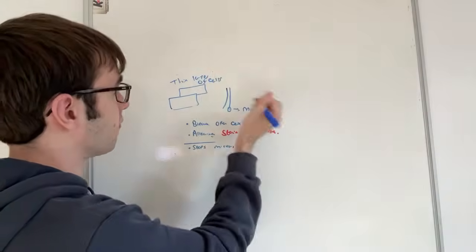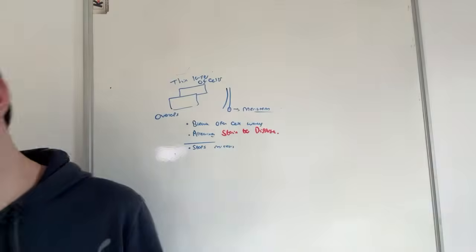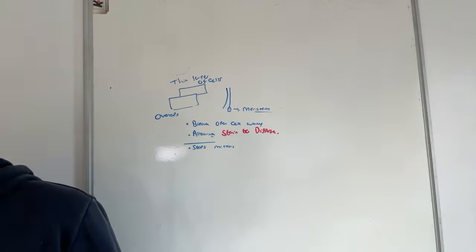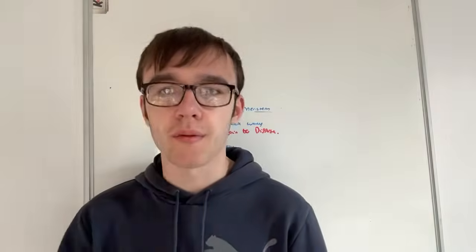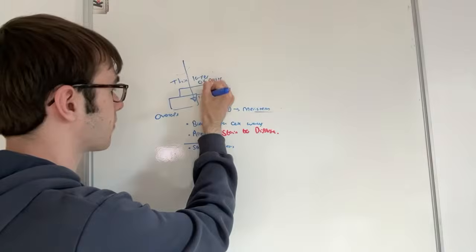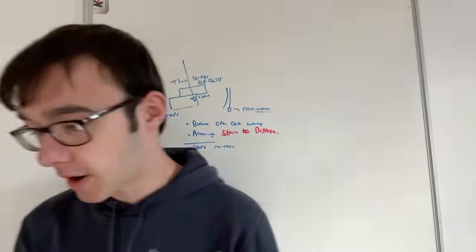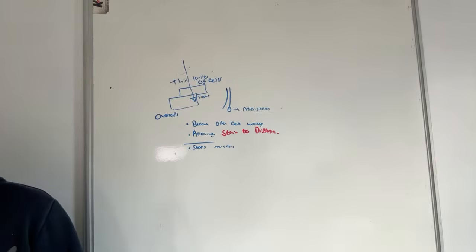So it prevents overlaps, so you can observe the cells. I'm assuming that's what they want you to say. Yeah, to create a single layer of cells. Okay, second mark point, so that light can pass through. That's a mark point I always miss. But yes, so that light can pass through. Okay.